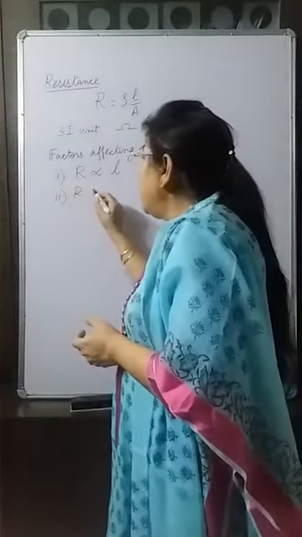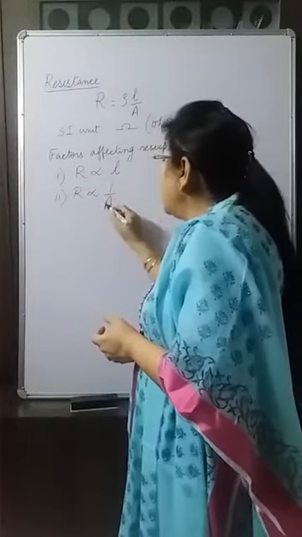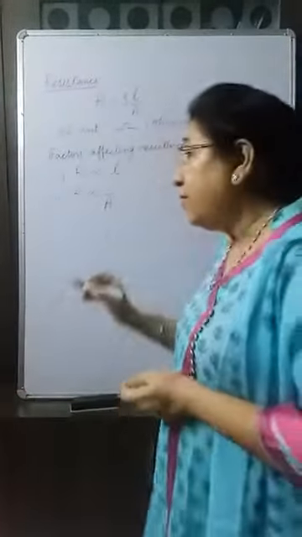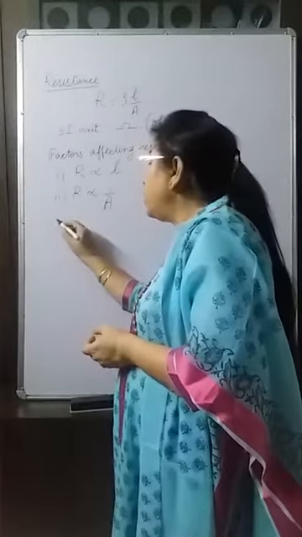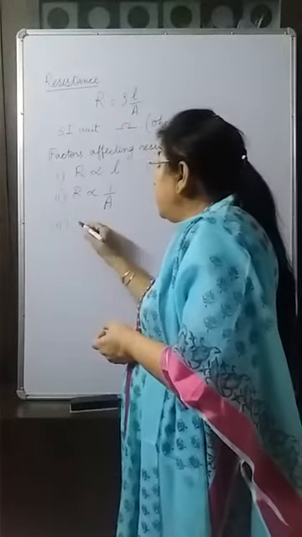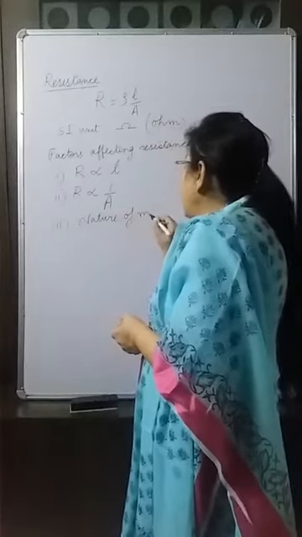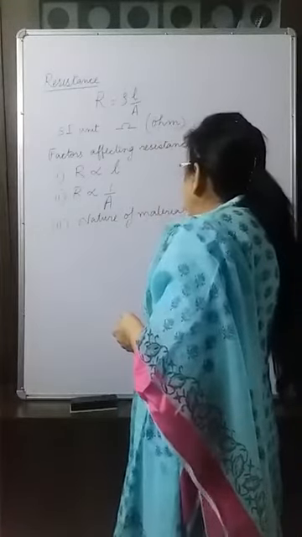Then resistance will be inversely proportional to the area of cross section of the wire. And the third factor on which the resistance will depend will be the nature of the material of the wire, or nature of the material of the conductor.